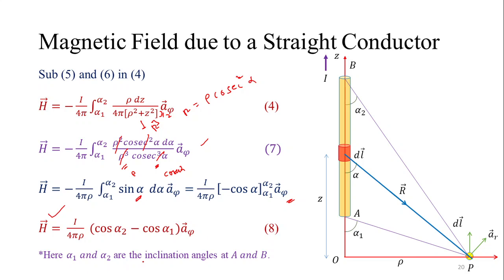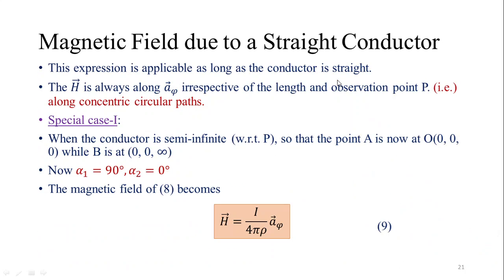Here alpha 1 and alpha 2 are the inclination angles at point A and point B. This expression is applicable as long as the conductor is straight, and H vector is always along a phi irrespective of the length and observation point P. The point may be anywhere, but the H vector is around the conductor.